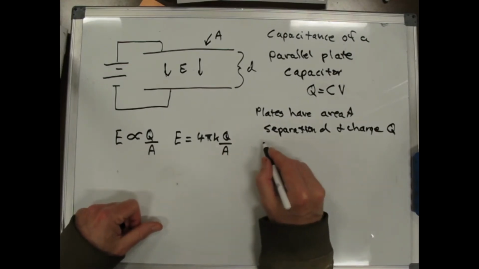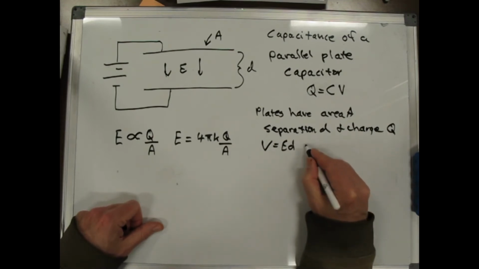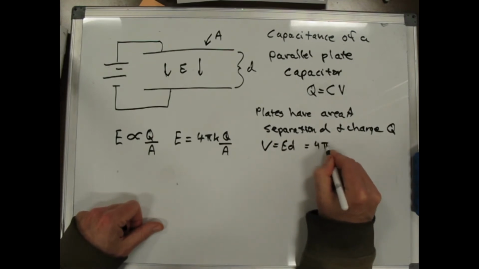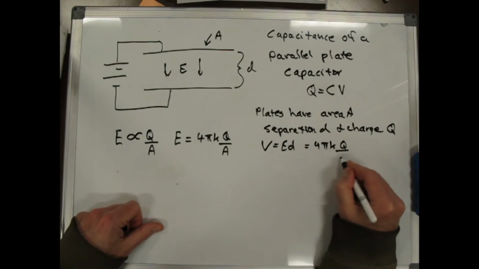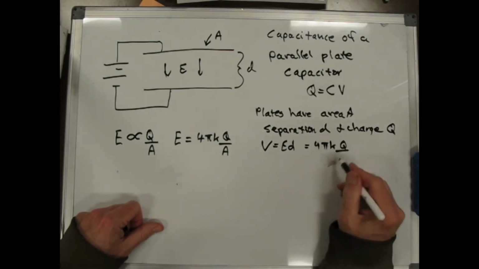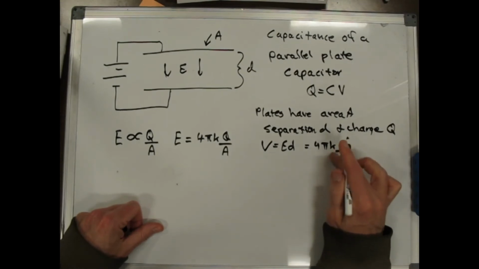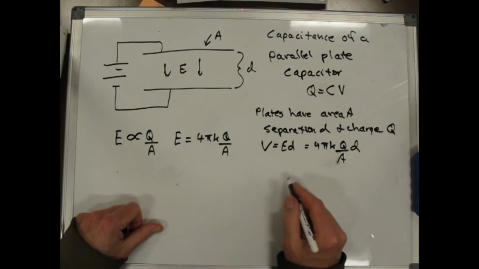We've already said that the voltage on a capacitor is equal to the electric field times the distance between the plates. And so now we can say that's equal to 4 pi k Q over the area, times the distance between the plates.